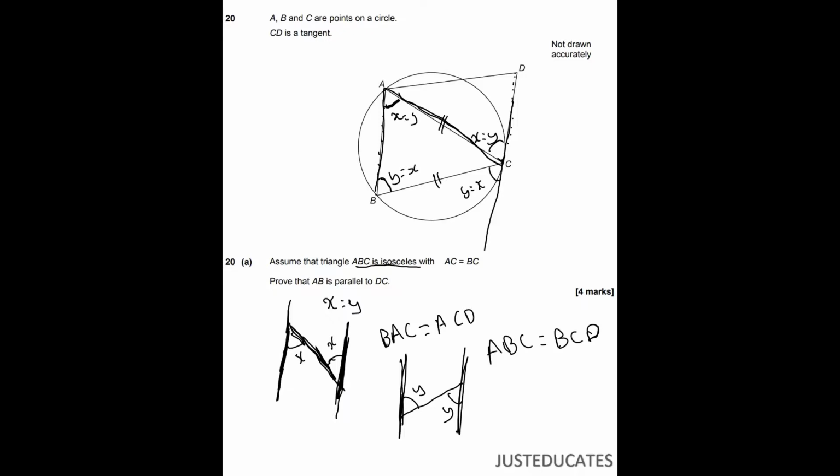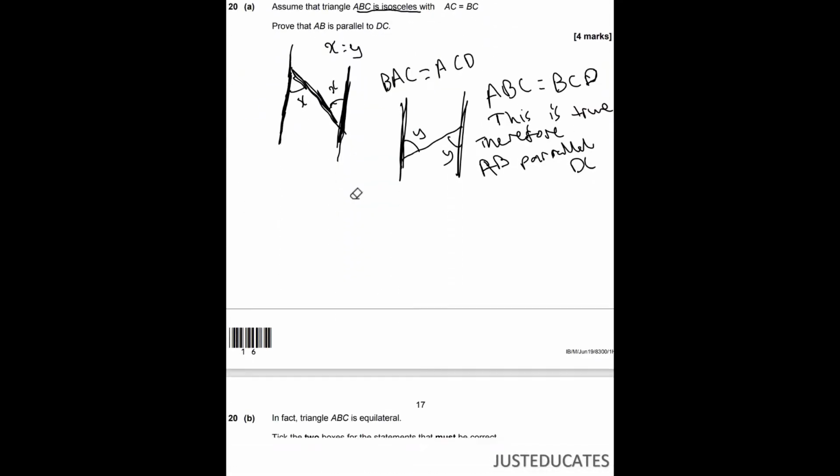So the only way these must be true, this is true, therefore AB must be parallel to DC. That's just the general Z angles, and Z angles are only true if it's perpendicular. Okay, let's move on. Let's look at the next part.